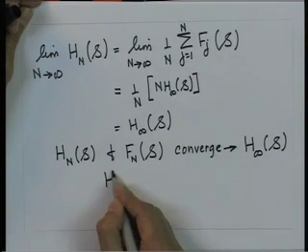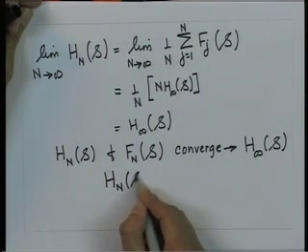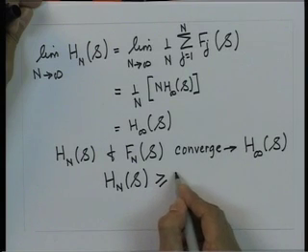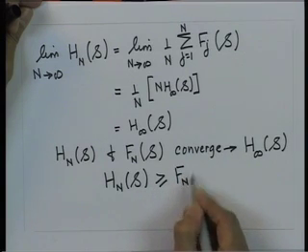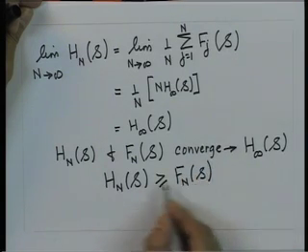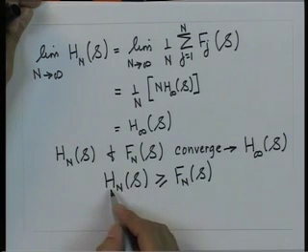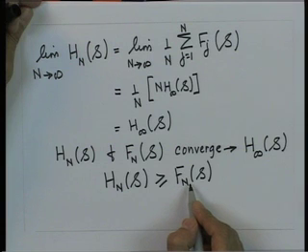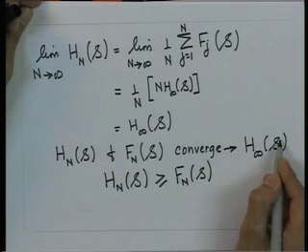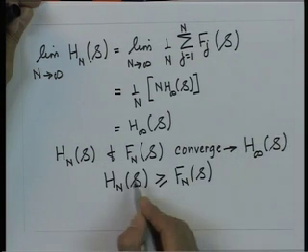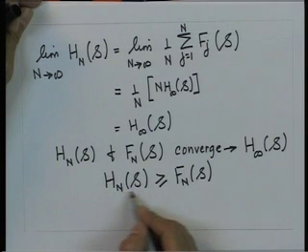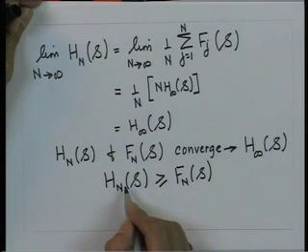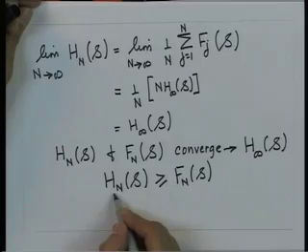But the condition we proved, that HN(S) is always greater than or equal to FN(S), is also valid. What this implies is that HN(S) is a worse approximation to the actual amount of information H_infinity(S), but the advantage of HN(S) is its simplicity in evaluation.